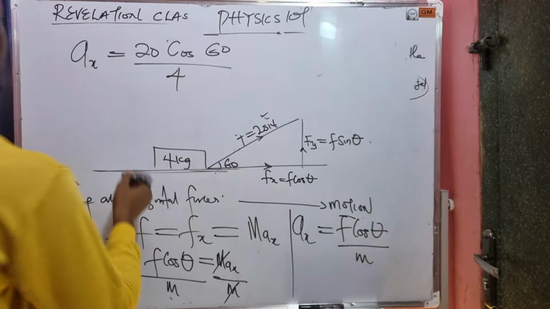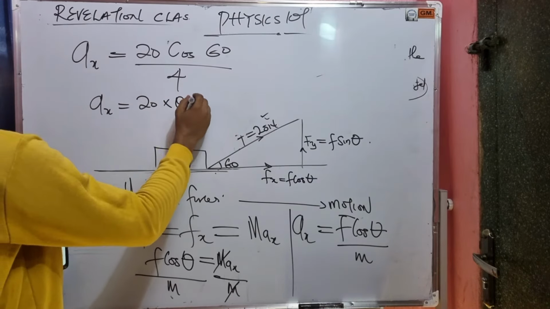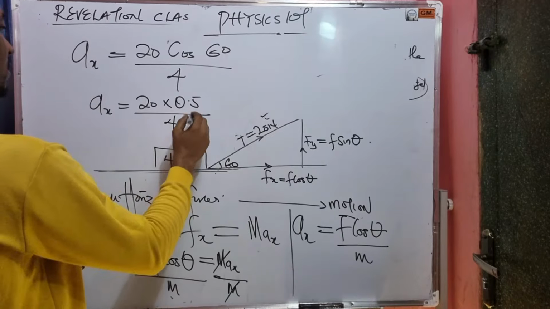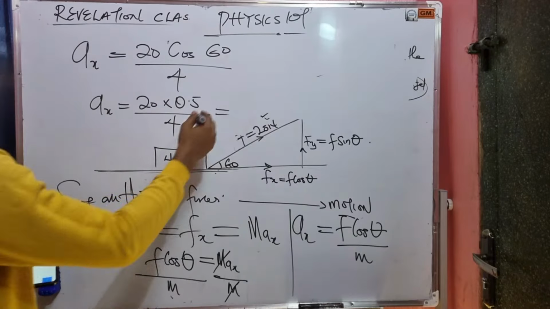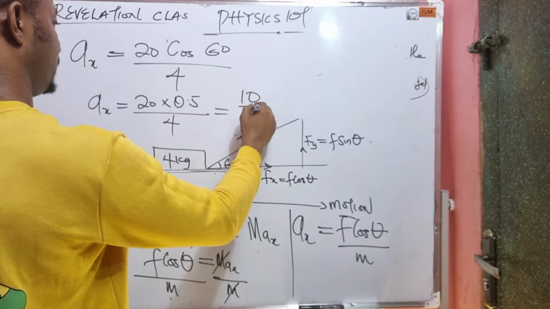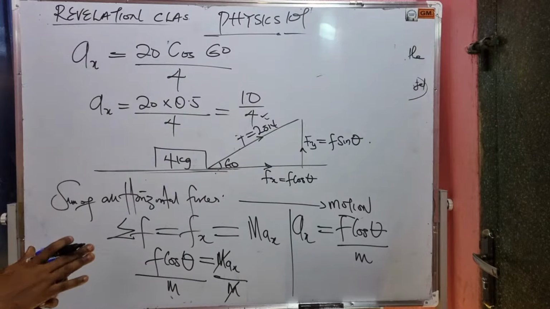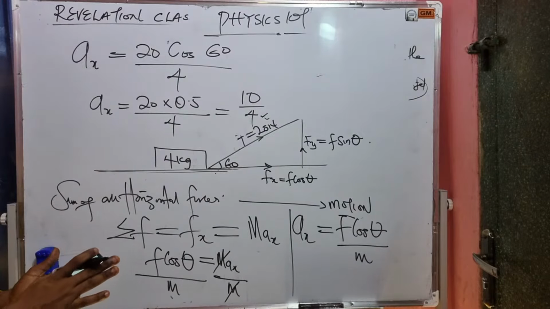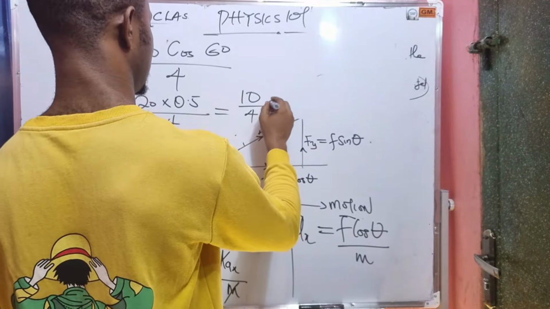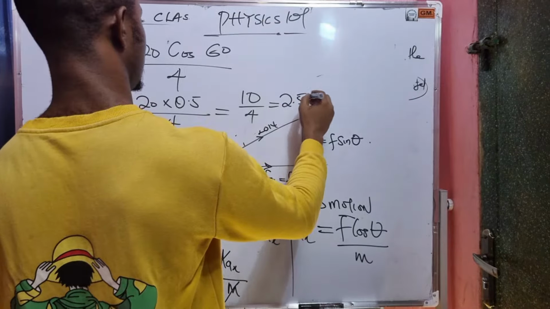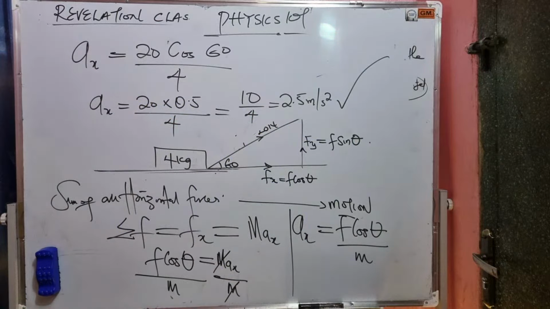So acceleration is 20 times 0.5 divided by 4. 0.5 means half, right? Half of 20 is 10, so that is 10 over 4. By the time we divide 10 by 4, this will give us about 2.5. So our answer here is 2.5 meters per second squared.